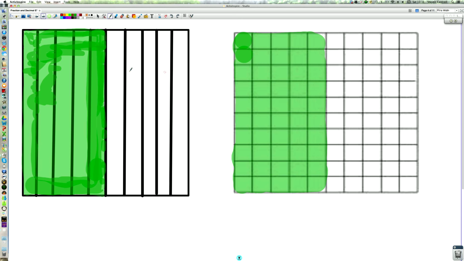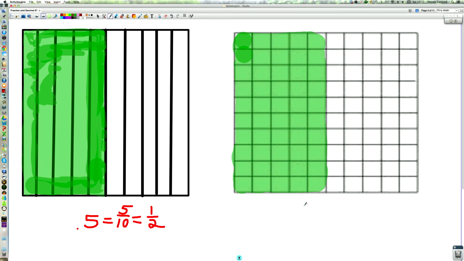So, is the same amount colored in on both? Yes, they're both percentage-wise the same. 50% is colored in here and here. So this is 0.5, which equals, in this case, 5/10. If I divide both of these by 5, what do I come up with? 1/2.